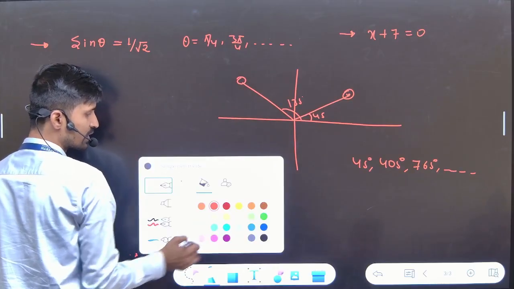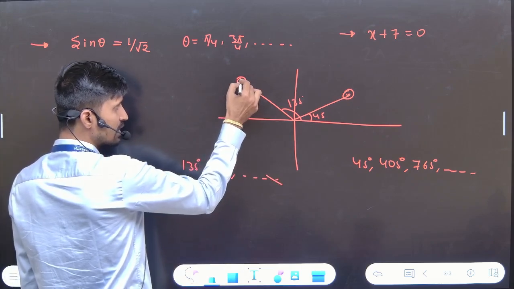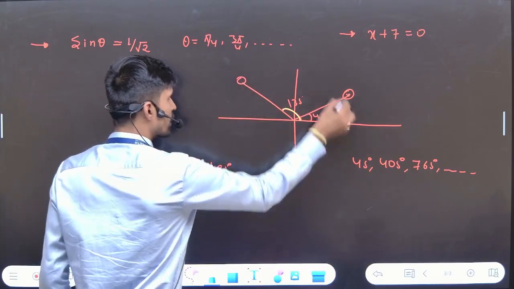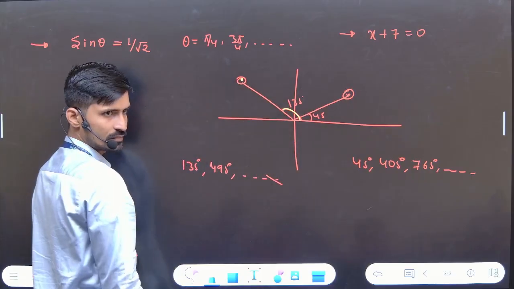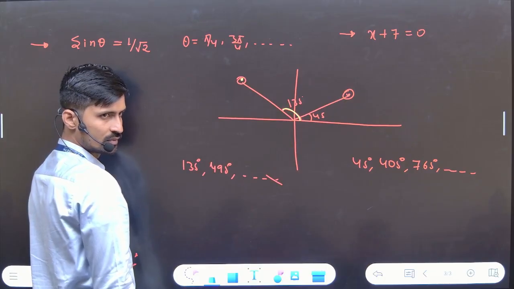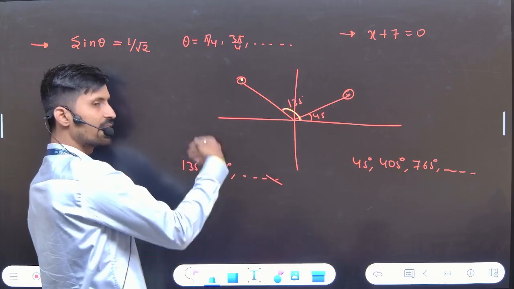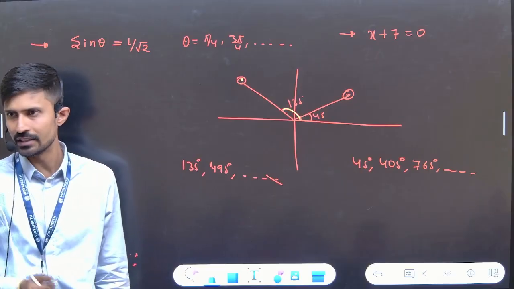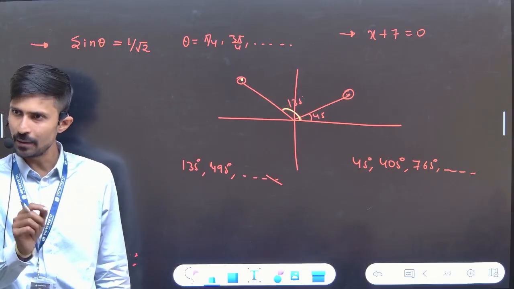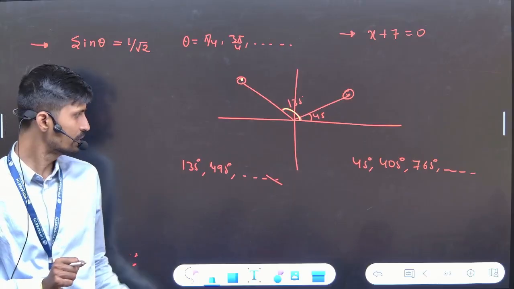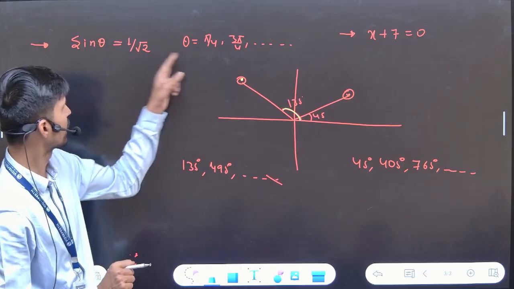Because after 360, this angle, which is now 135 degree, when you add 360 degree, again comes to the same place. The number will change, but the place will be the same. That's why a lot of angles will satisfy.